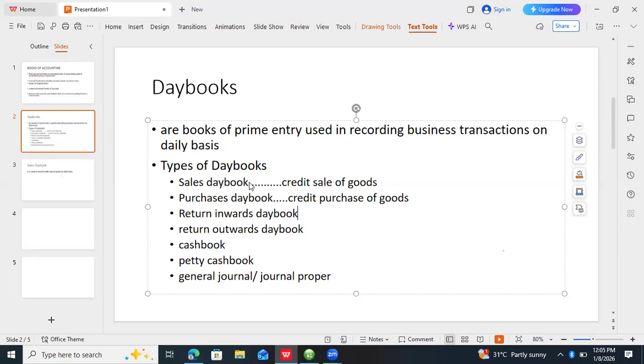And then the return inwards is used to record the goods returned by customers to the business. And then return outwards is goods returned to suppliers or creditors. Okay. And then the cash book is used to record cash and bank transactions.